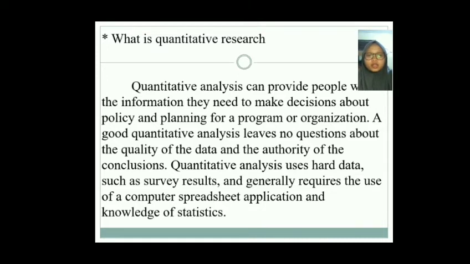A good quantitative analysis leaves no question about the quality of the data and the authority of the conclusion. Quantitative analysis uses hard data such as survey results and generally requires the use of a computer spreadsheet application and knowledge of statistics.